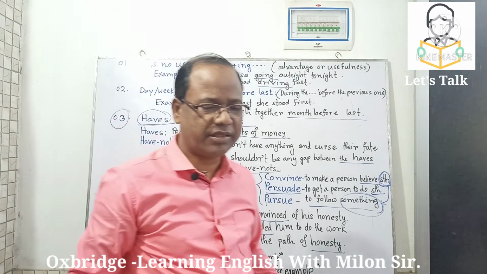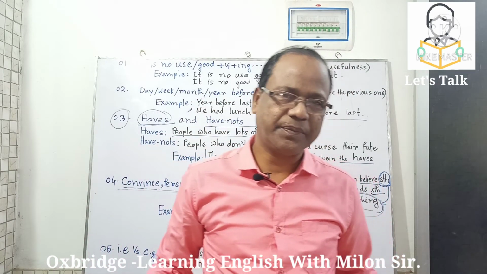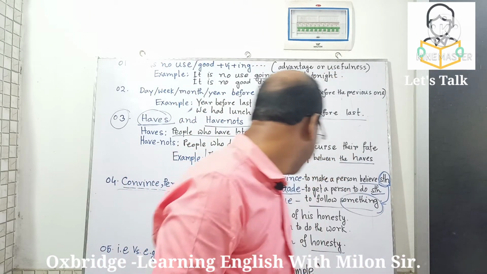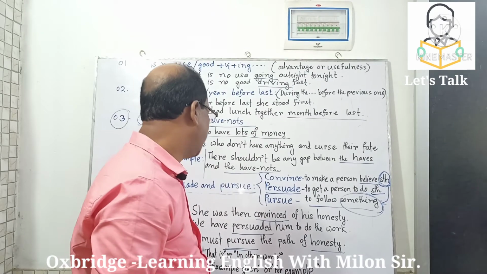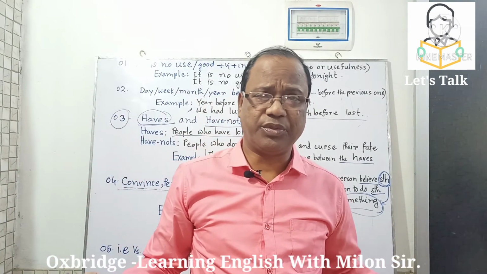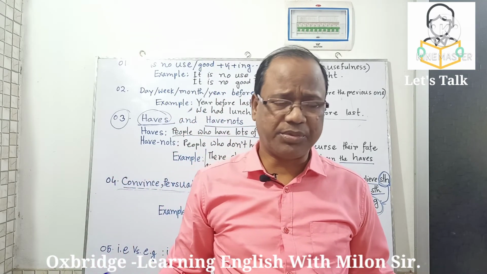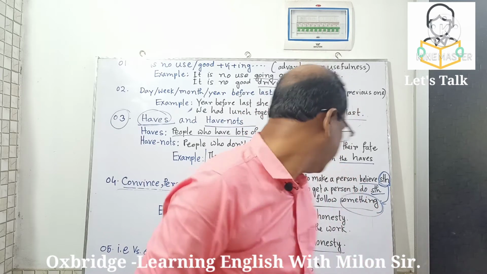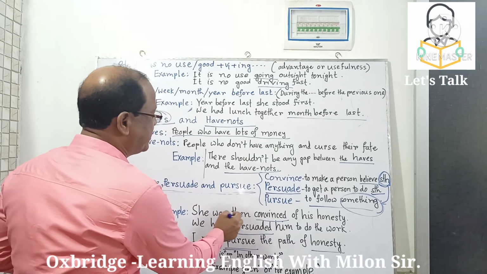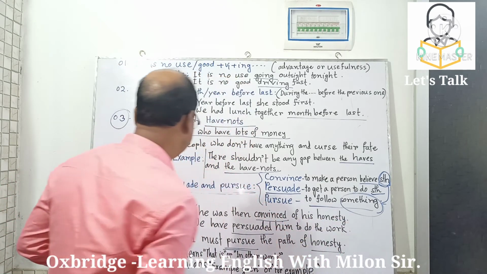Everyone should be honest, determined and hardworking, so that we can prosper in life. So, we must pursue the path of honesty, the path of truthfulness, the path of determination. Let's see the examples again. She was then convinced of his honesty.